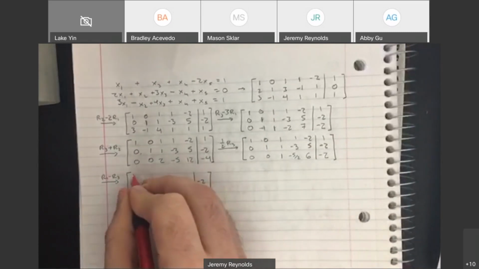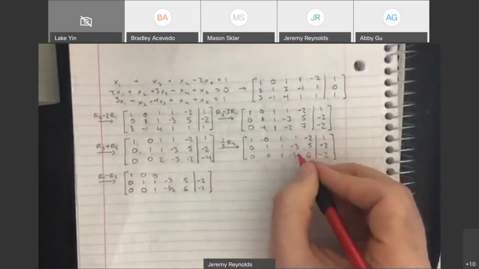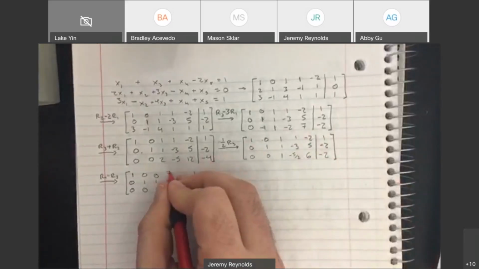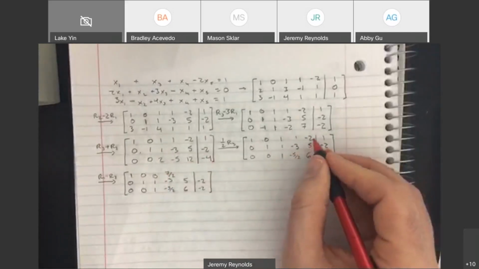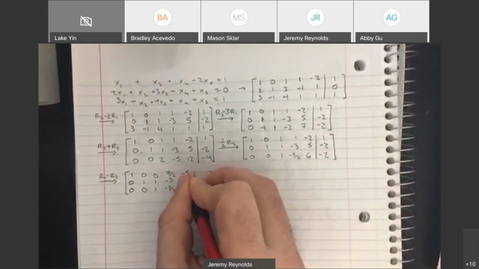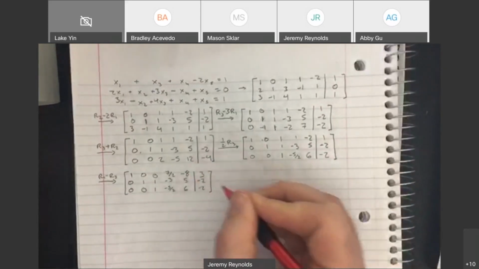Our top row becomes 1, 0, 1 minus 1, 0, 1 minus -5 halves is going to be 1 plus 5 halves, 7 halves. -2 minus 6 is going to be -8. And 1 minus -2 is going to be 3.